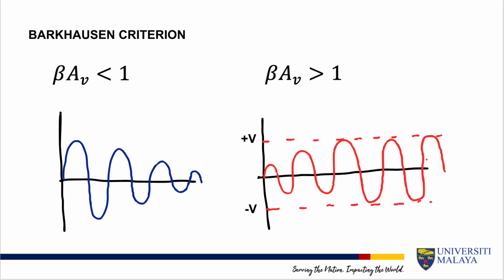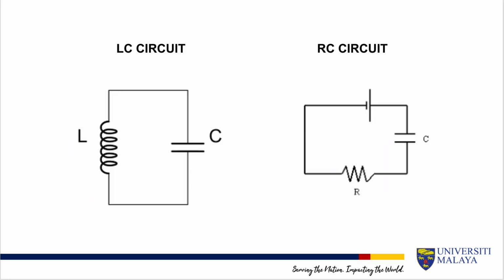The oscillation will occur initially, but then it will get larger and larger. Eventually it will reach a ceiling where clipping will occur, because there's only so much that the DC power supply can support.